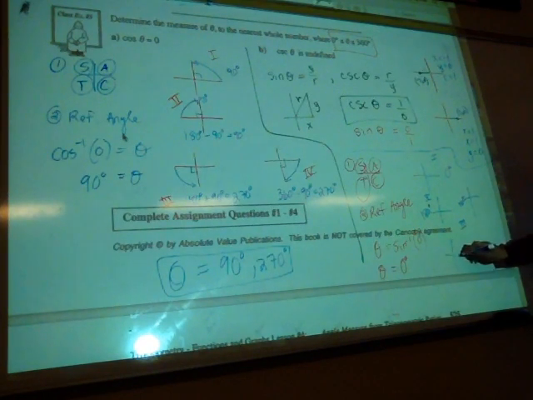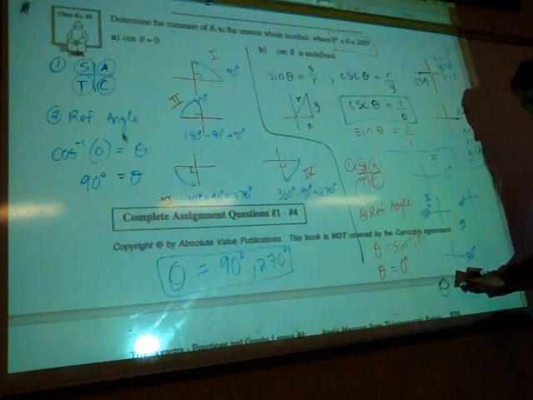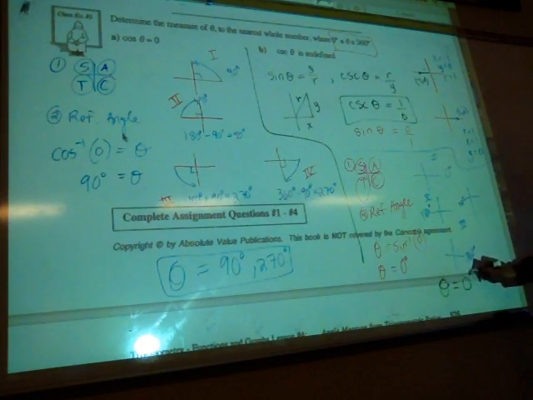And quadrant 4, if I have a reference angle of 0, I have to go 360 minus 0. My solution is 360 degrees. So I have 3 solutions. Theta will equal 0 degrees, 180 degrees, and 360 degrees.